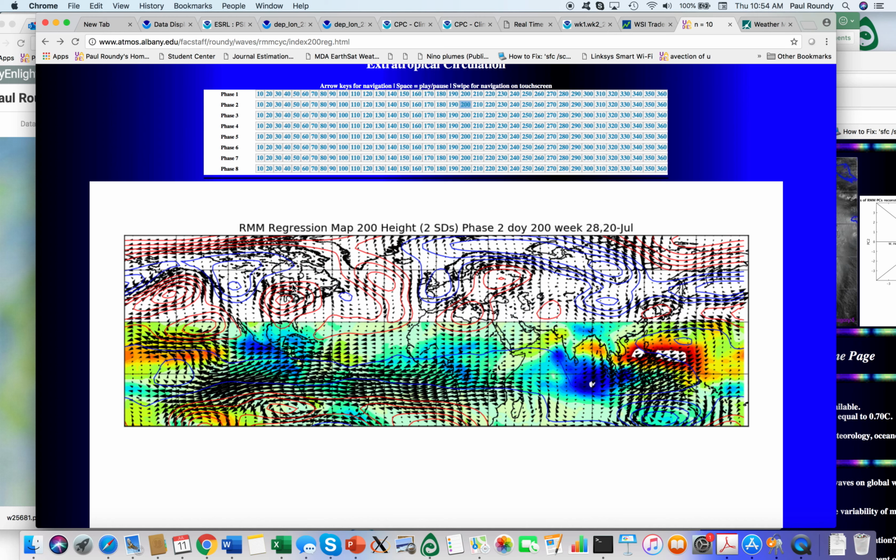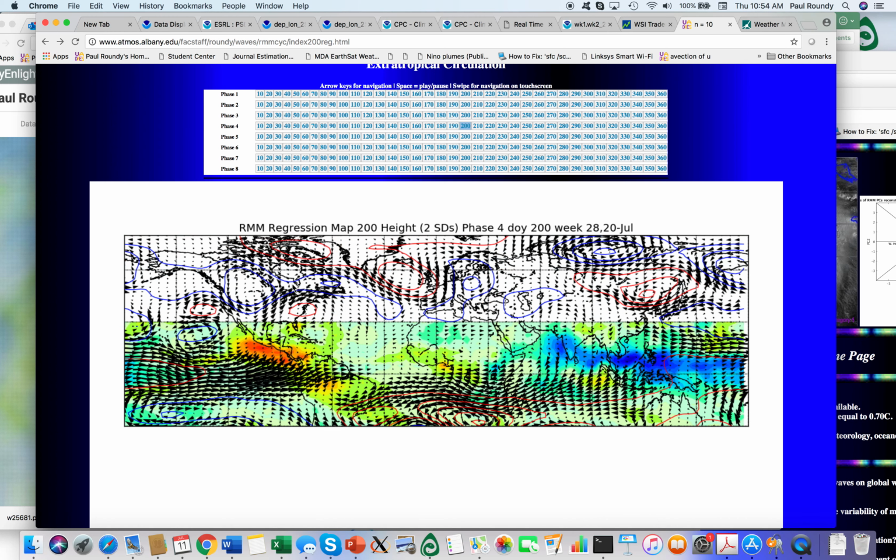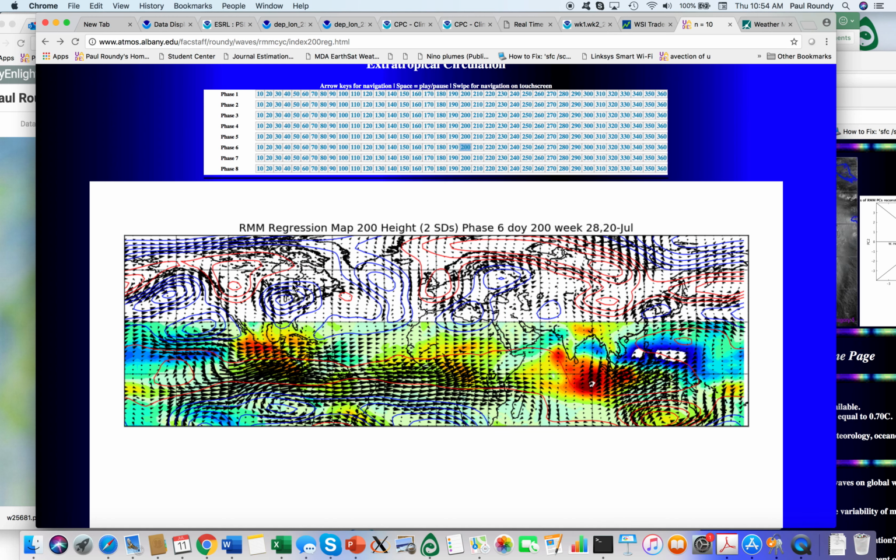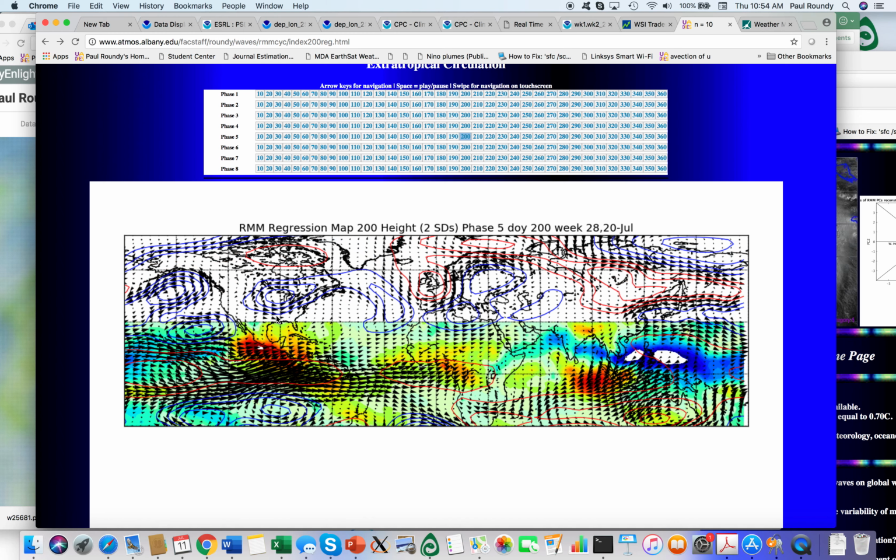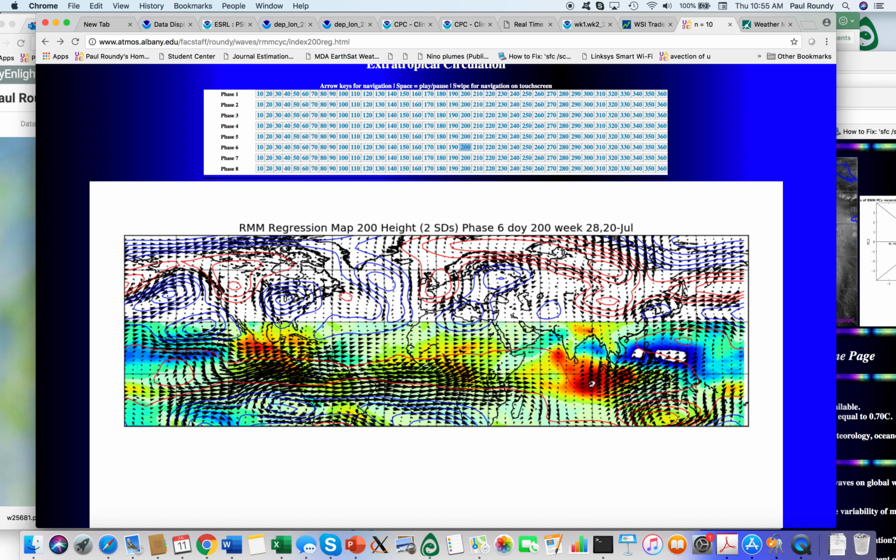And we see as the condition moves forward across phase, there's a tendency for a block to form over Western Canada, and then subsequent development of a trough anomaly. We may be seeing these signals beginning to emerge at the end of July into early August.